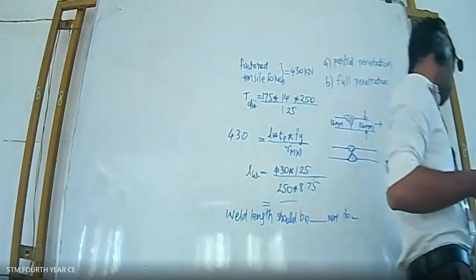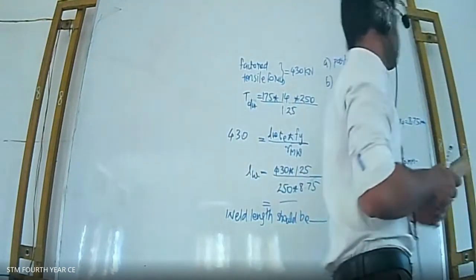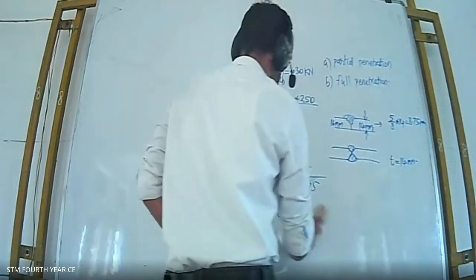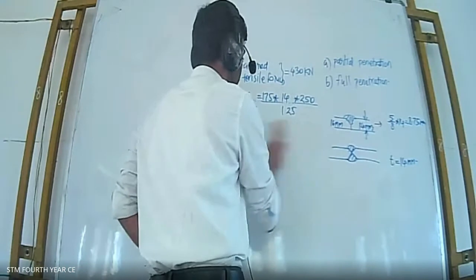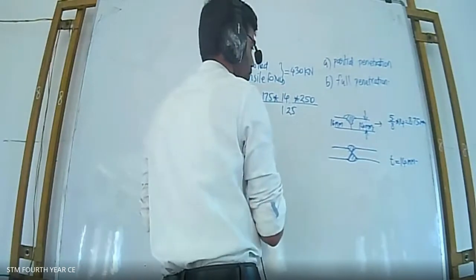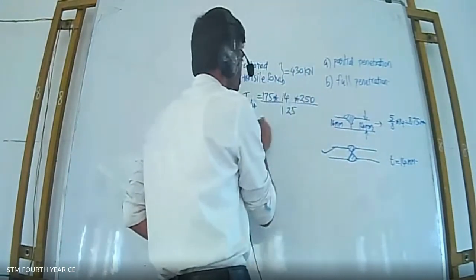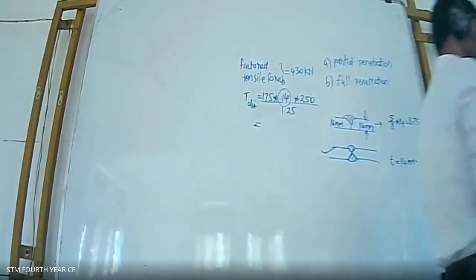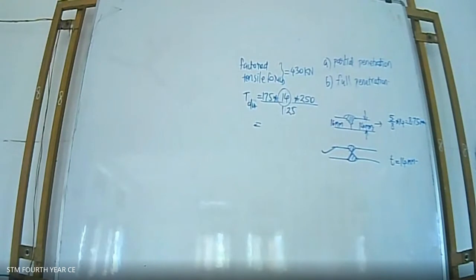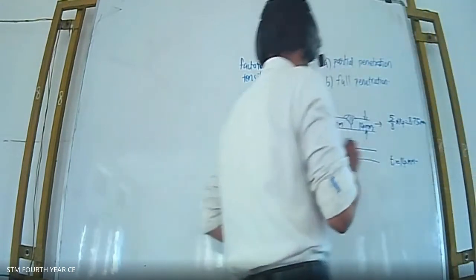That you have to write, and after that you can do the full penetration condition. So here this 14 will come. Once it's 14, then the value will be 490 kilonewton.